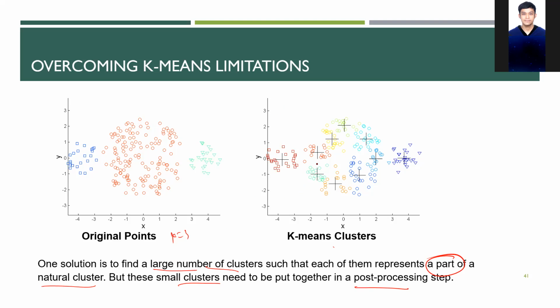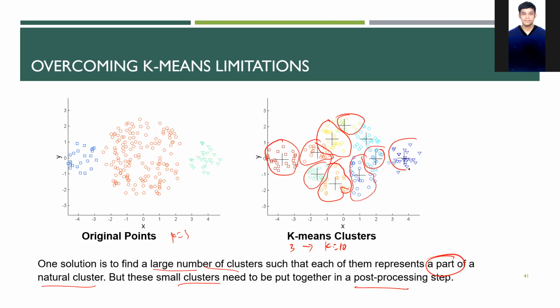We want 3 clusters, and then for the first k-means, instead of setting k equal to 3, we set, for example, k equal to 10. Okay, so in this case, we will have 10 centroids. This is 1, 2, 3, 4, 5, 6, 7, 8, 9, 10, for example.